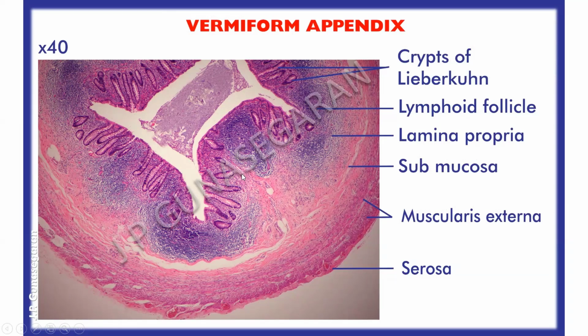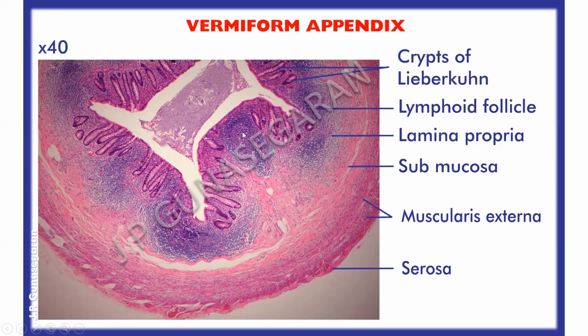This is a section of vermiform appendix under scanner. Compare the small angular lumen to the thick wall. It has no villi, only few crypts are seen. One can see ring of lymphatic nodules in the lamina propria.